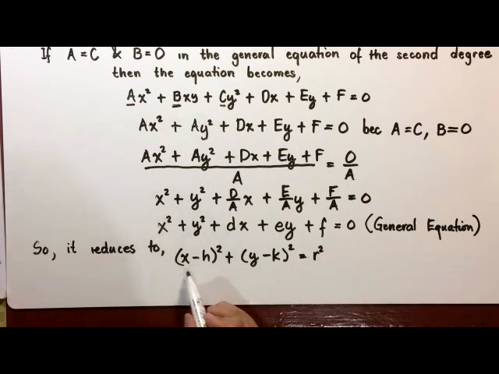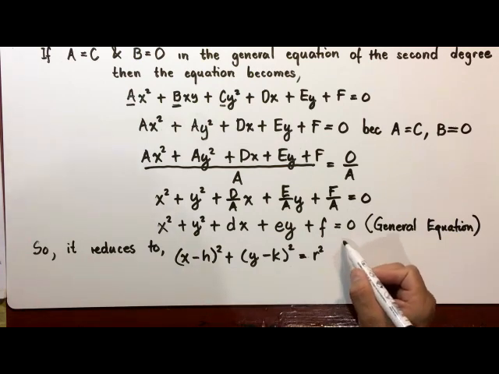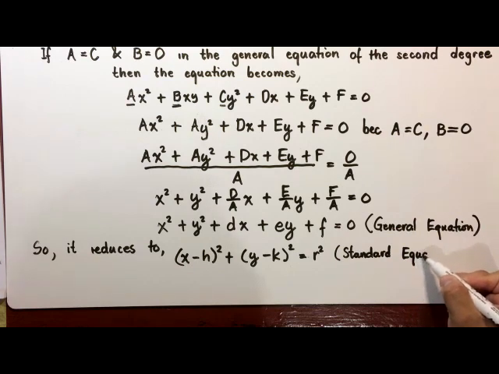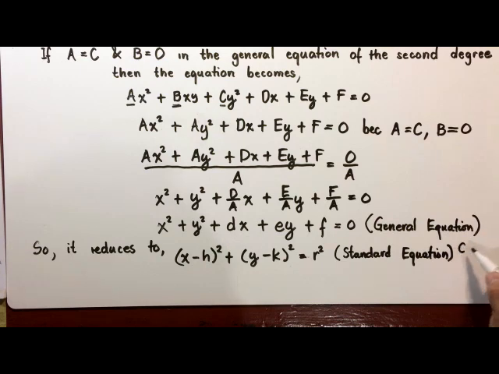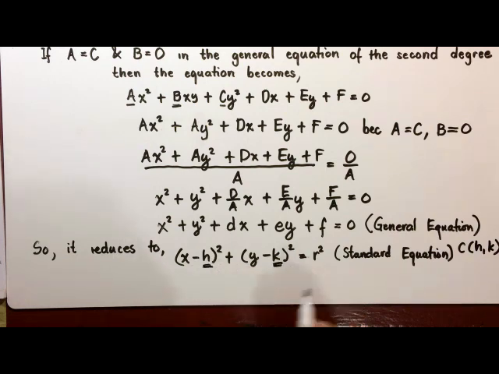So what do we call this equation? This is the standard equation of the circle, where the center is at the point h, k. So h and k is the center of the circle, and the radius r. And of course, that should be greater than 0.